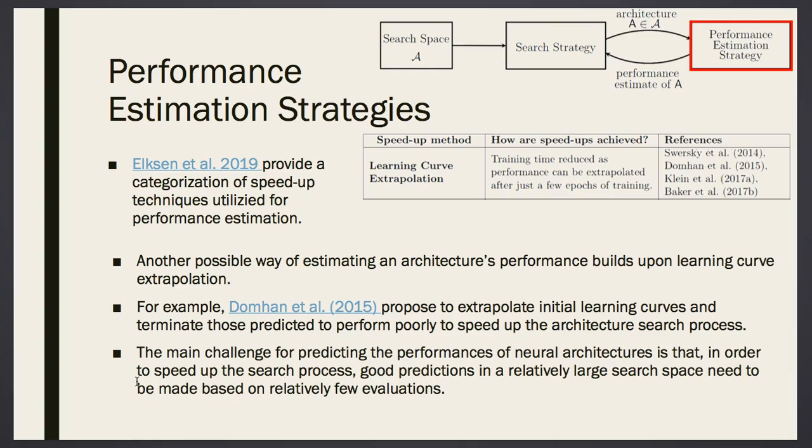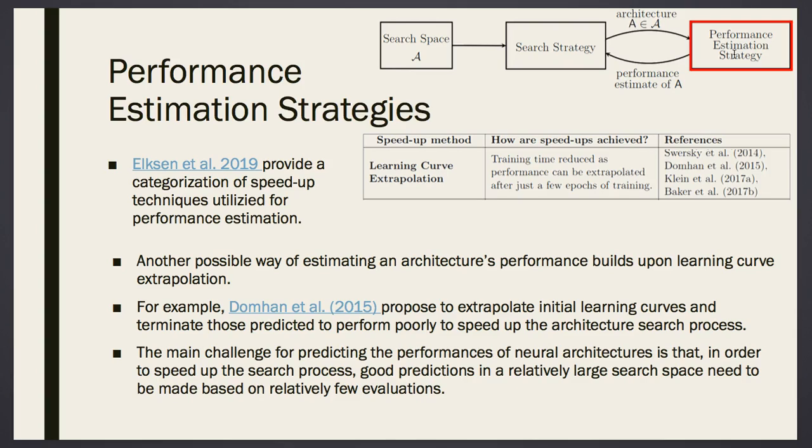Actually, in this method, what we are doing is checking a couple of epochs, 1 to 5 epochs, and checking the curve and trying to understand how the curve will continue, which is extrapolating that curve and saying, well, this one learns very fast, so this architecture must be good. So we feed an architecture, train it for 5 epochs, get a curve, extrapolate that curve, and get a meaning, and try another architecture, train it for 5 epochs again, and try to extrapolate that curve, to understand how the curve will be in future epochs.